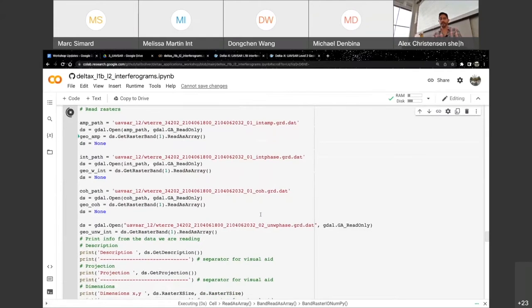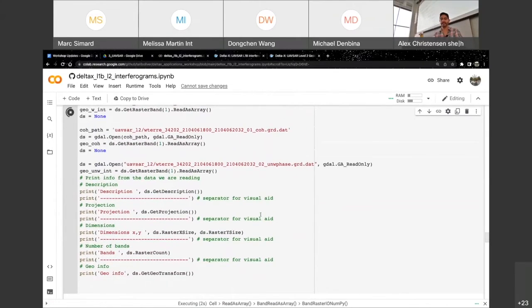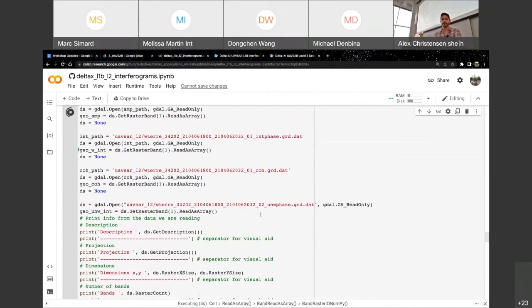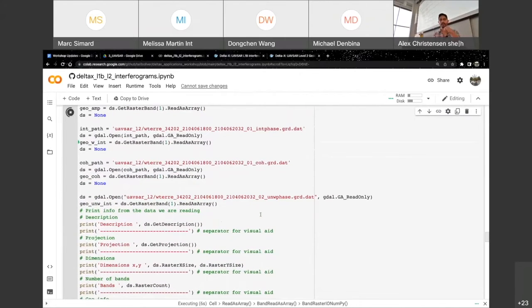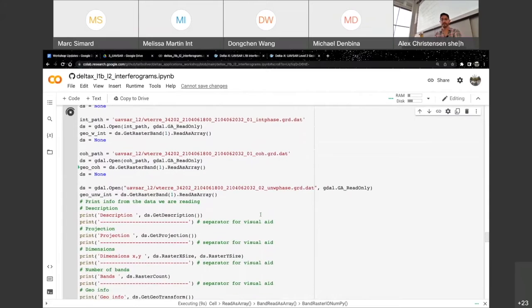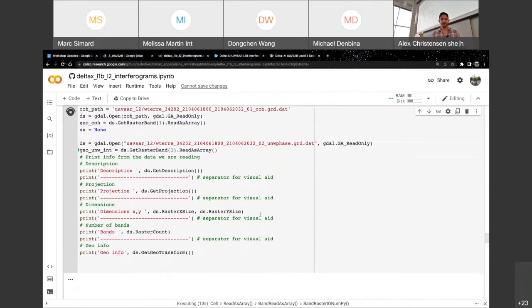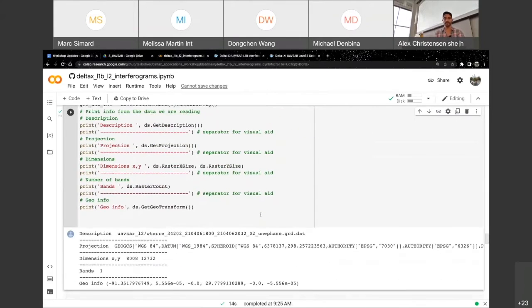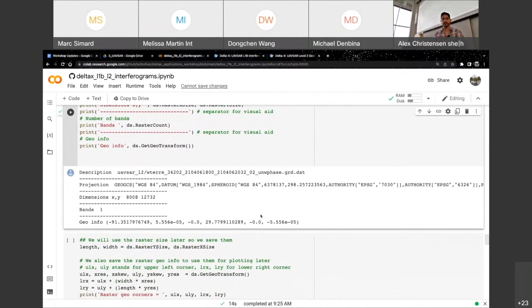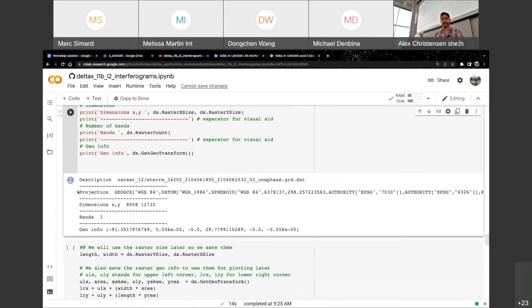So we can go ahead and read the images. And then we can see that now when we look at the geotransformation information, we have information for the geocoding, right?